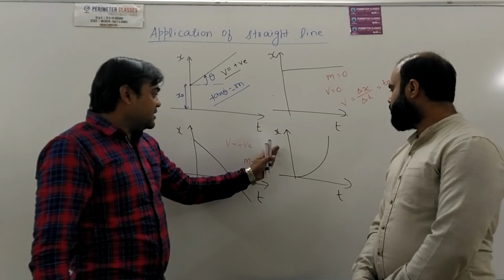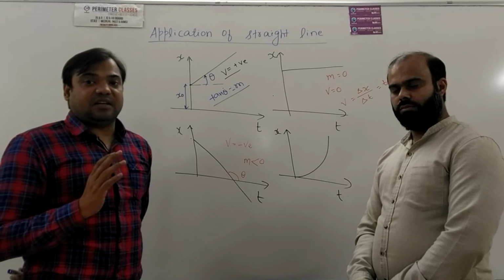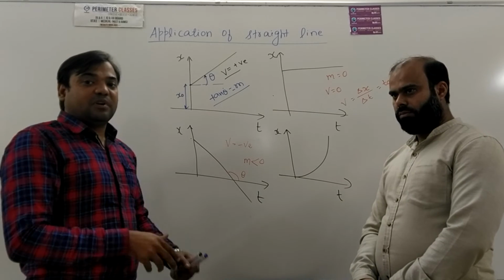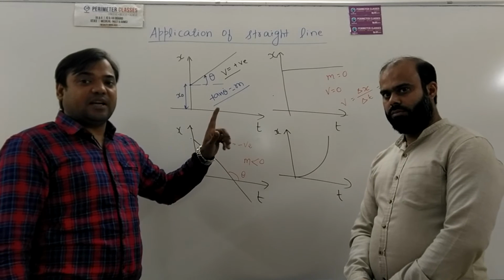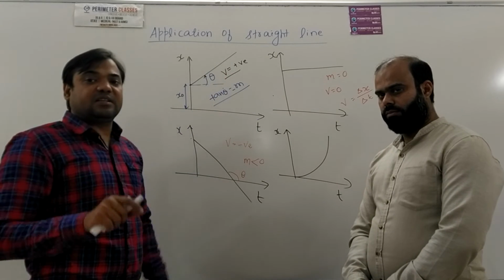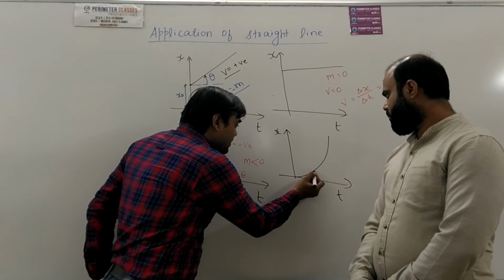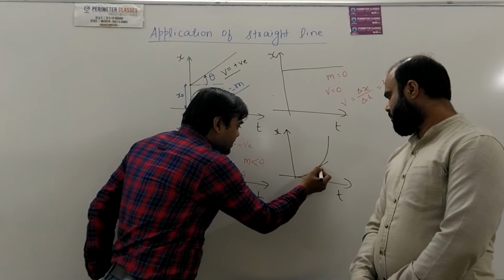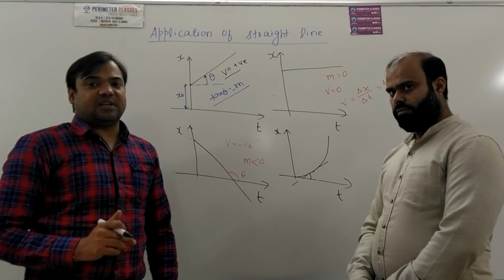Now, in this case, this graph is not a straight line, but the application of the straight line is there. Again, you have learned the concept of velocity with respect to displacement, and you can see the link that is given here, which we have already discussed in previous lectures. So you can see here that at any point, if I draw a tangent, the slope of the tangent at any point represents velocity.